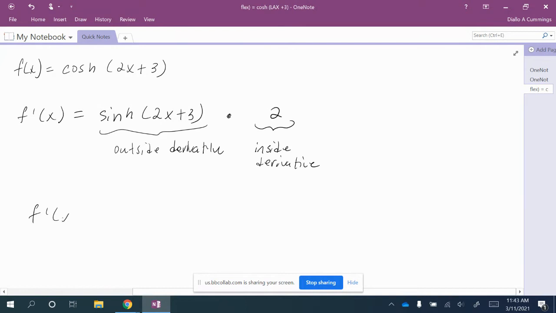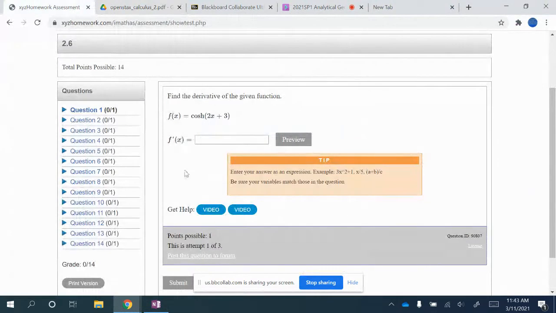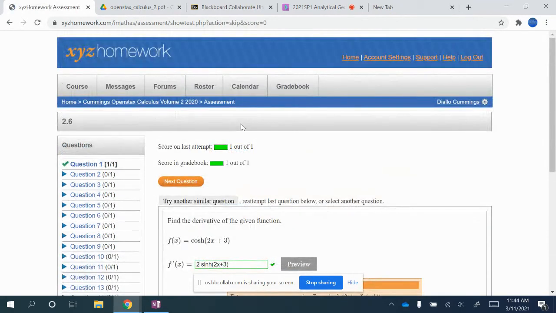So now if I combine the two, I have 2 times the hyperbolic sine of 2x plus 3. All right, so pretty straightforward.